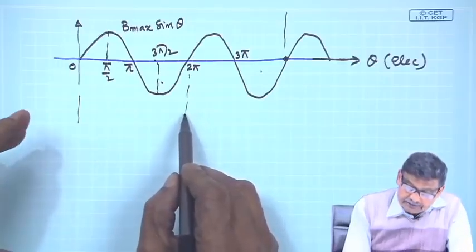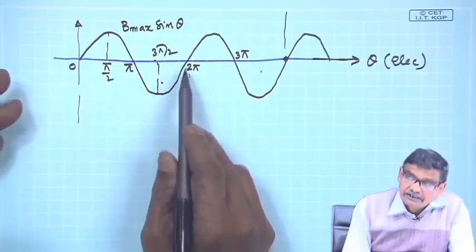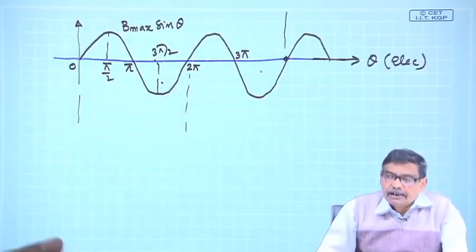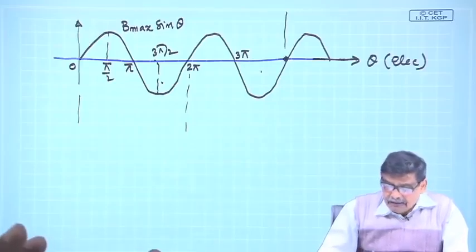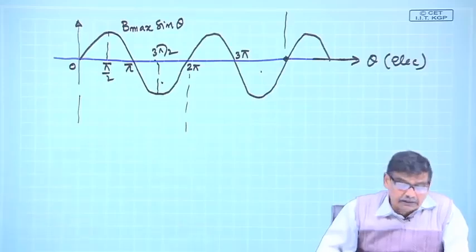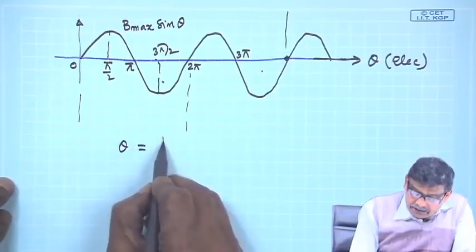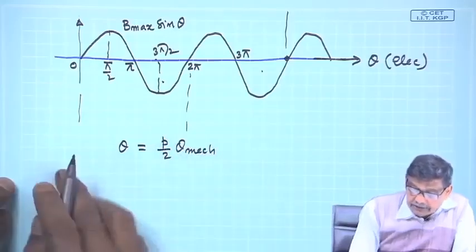If it is a 6 pole machine, it will be 3 into 360 degree mechanical. So, I can always switch over if I like, that is okay. You have understood the point, I hope, and it is essential to understand.